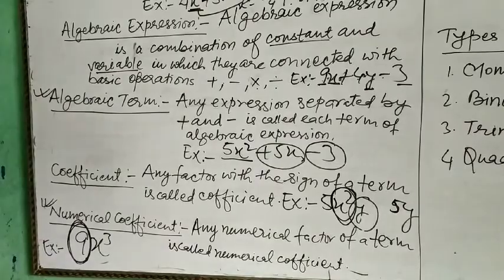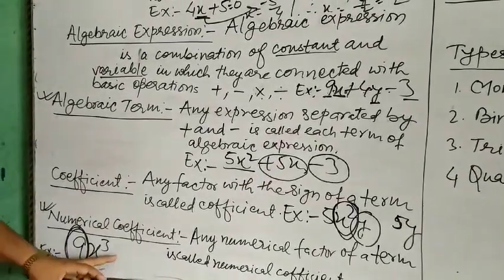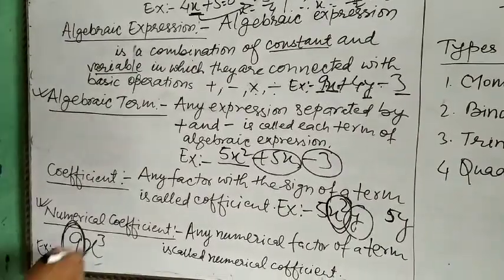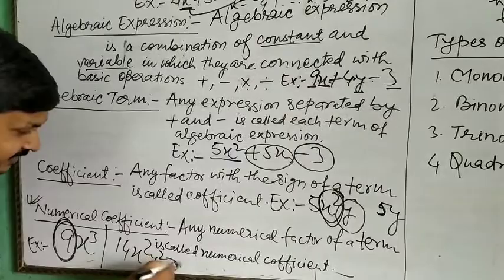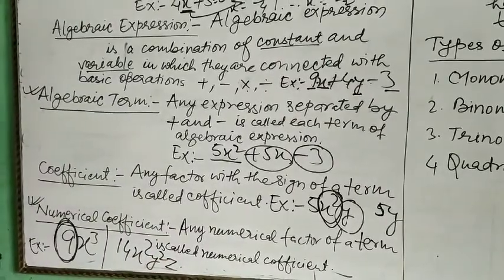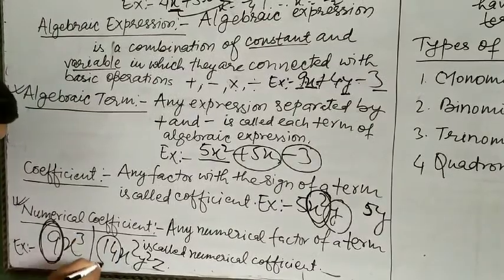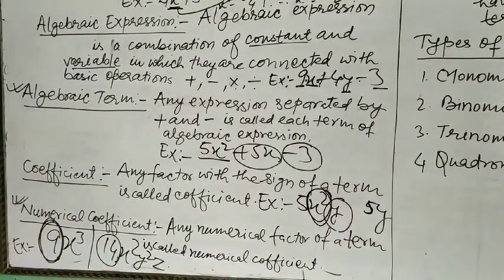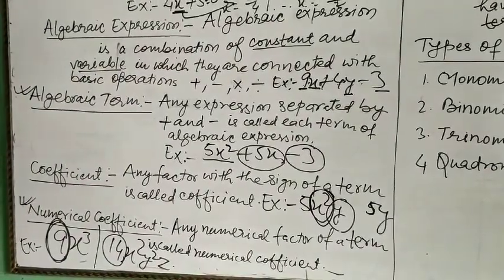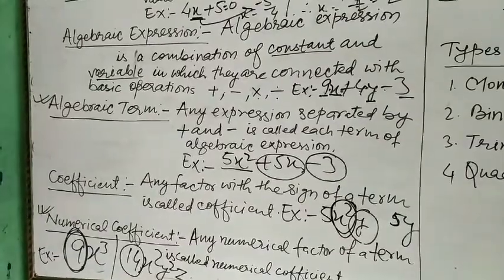So 9 is the numerical coefficient of x cube. If we take here 14x square y square z, what is the numerical coefficient? That means 14. 14 is the only number multiplied with x square y square z. That is the numerical coefficient.